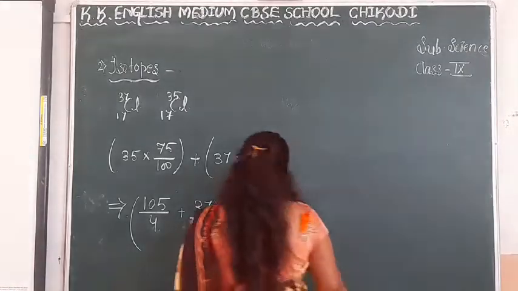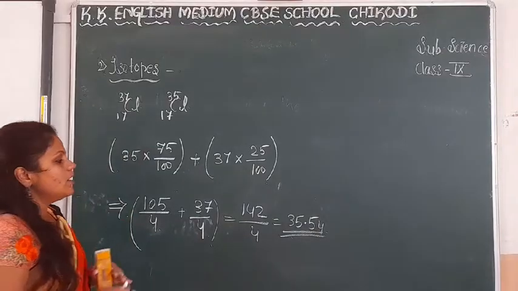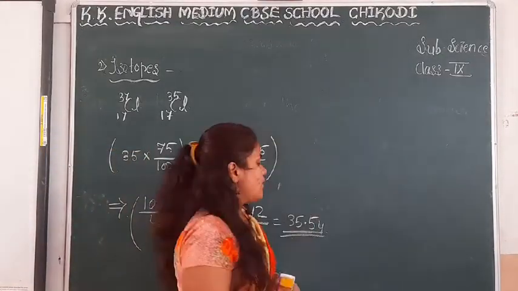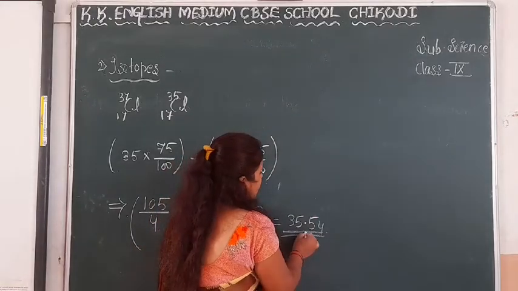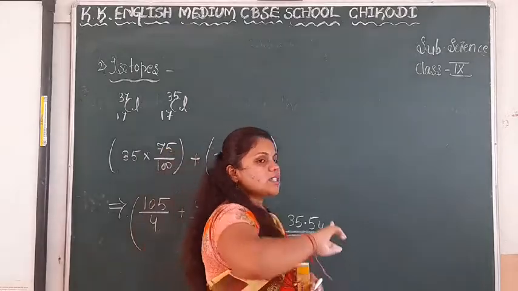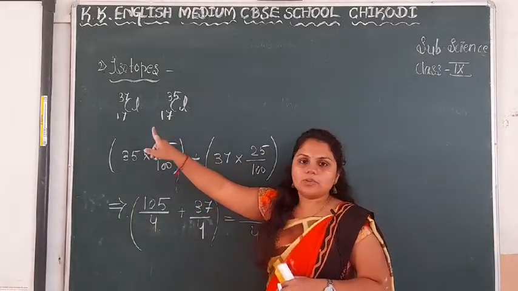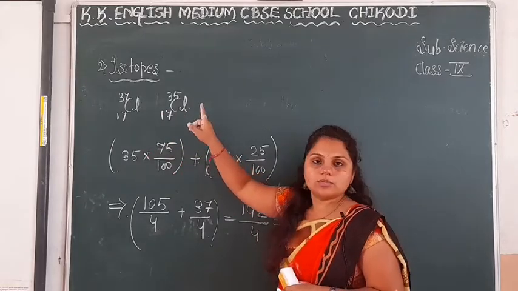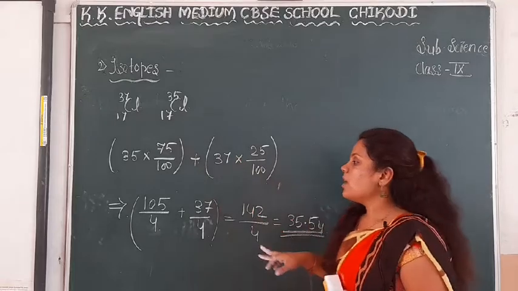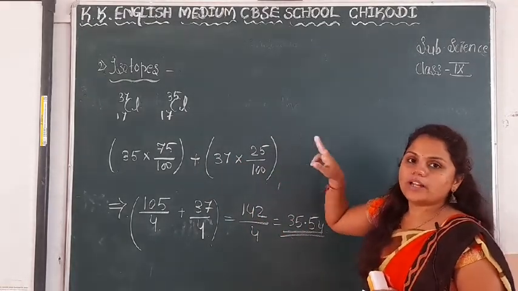Okay, so what do you mean by this atomic mass? It doesn't mean that if you take the chlorine amount, it has 35.5 as atomic mass. Okay, it contains both the isotopes. Chlorine with mass number 37 and chlorine with 35. It is the average between these two chlorine atoms.